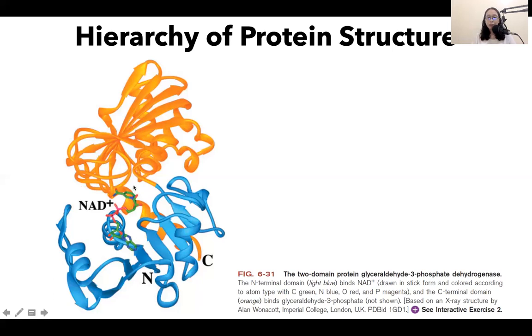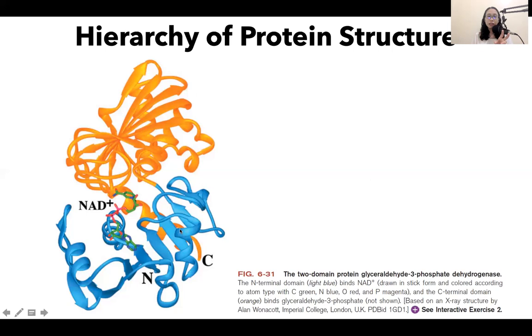So, for example, here, the N-terminal, which is colored blue, is the one that holds the NAD, which is essential to the function of the whole protein. So this blue domain is the NAD binding domain, while the substrate of the protein, which is glyceraldehyde 3 phosphate, is bound by this orange domain. So you see that there is sort of compartmentalization of the functions of the protein.